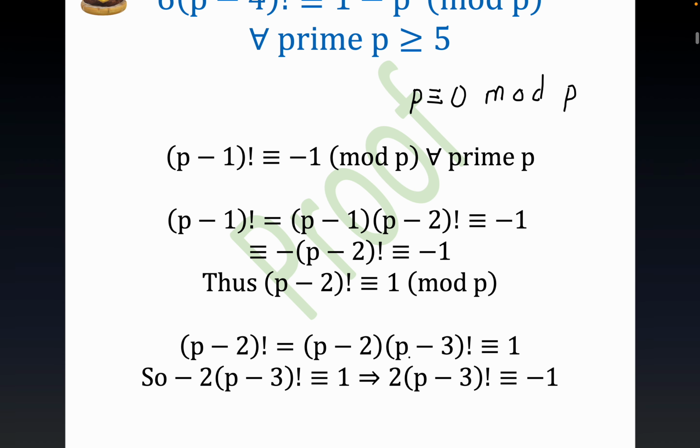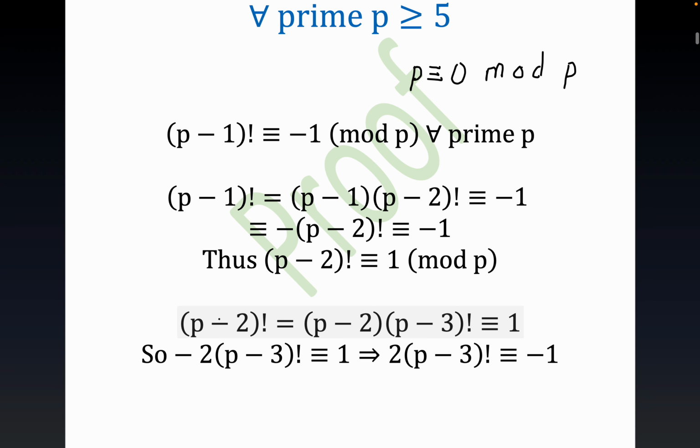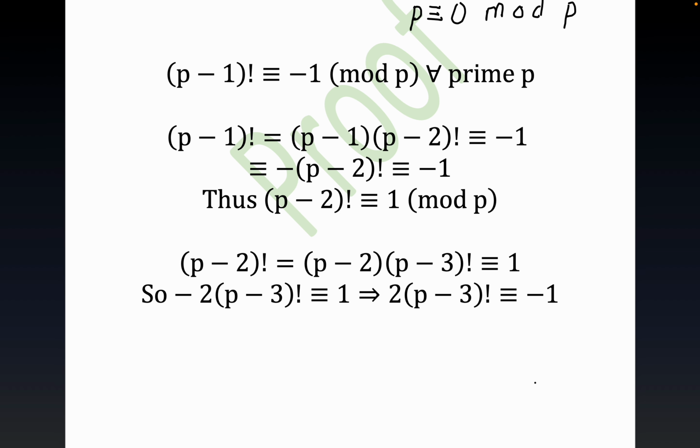And again, it's rinse and repeat right here. We rewrite p minus 2 factorial as p minus 2 times p minus 3 quantity factorial. And again, you replace p with 0 just from right up here. And you see how the minus sign comes back. And we end up with 2 times p minus 3 factorial is congruent to -1. And again, we'll carry on in a similar fashion.